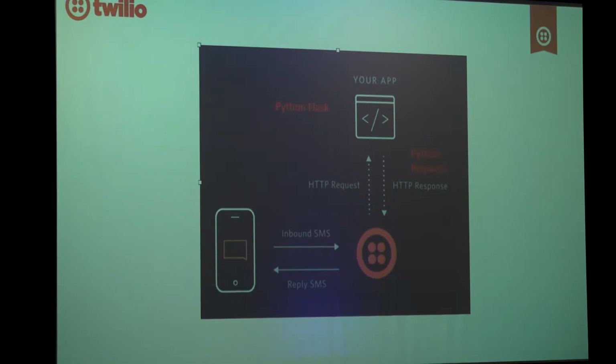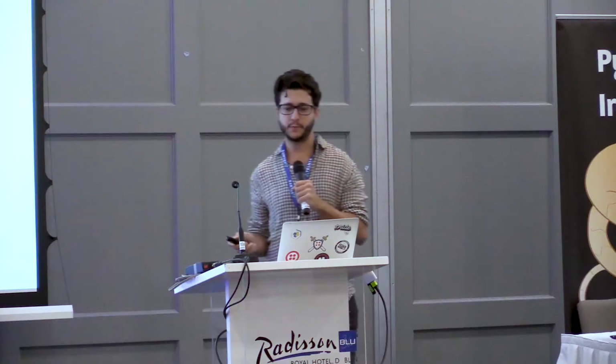So when the SMS comes to my Twilio number, Twilio will make a request to my app. And my app will return to Twilio an instruction of what to do with the flow of the app. And then Twilio will put the message back in the telephone network, and that will respond to you, to your mobile.